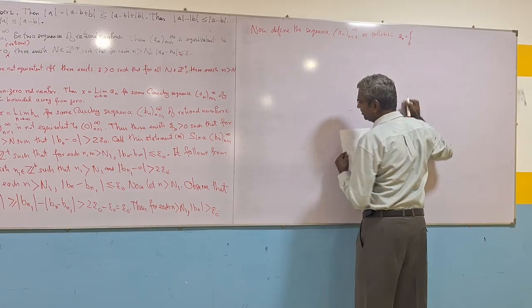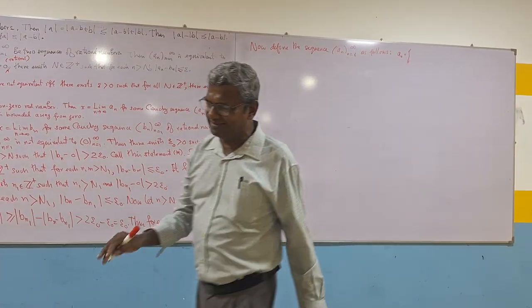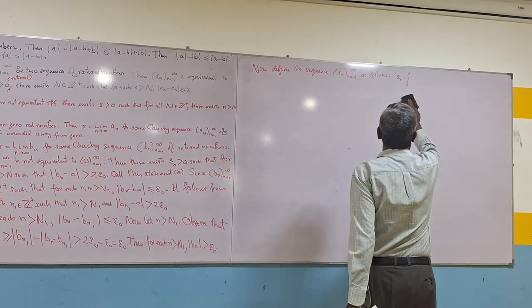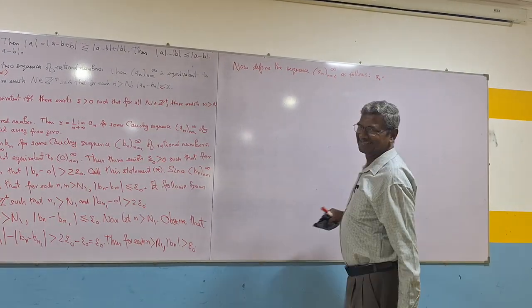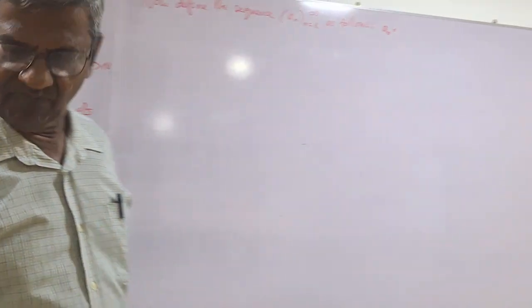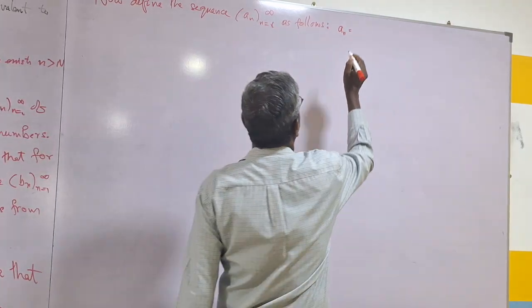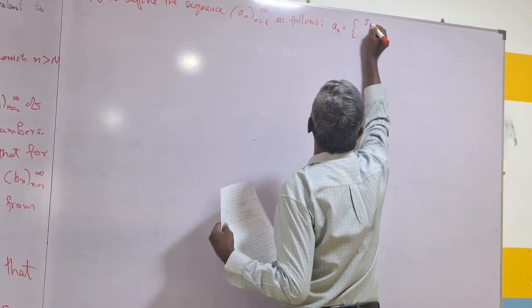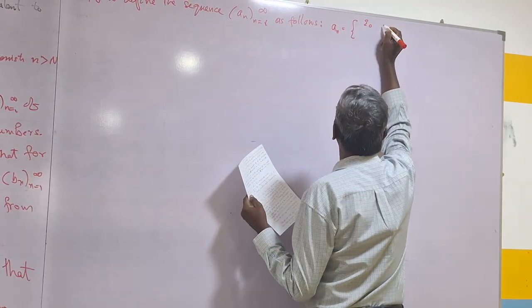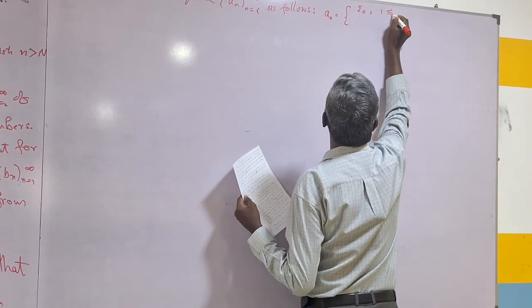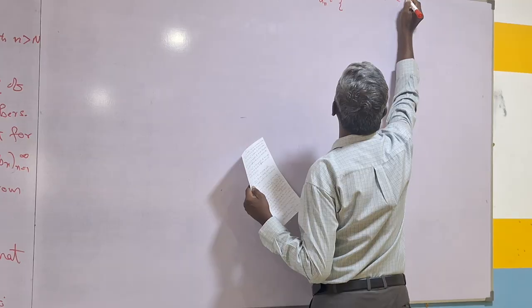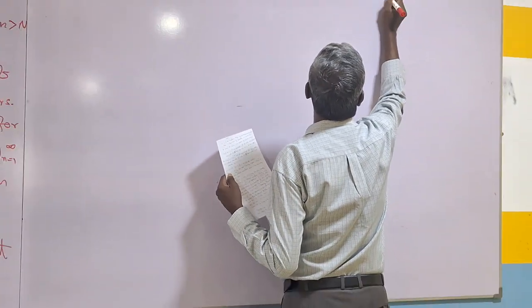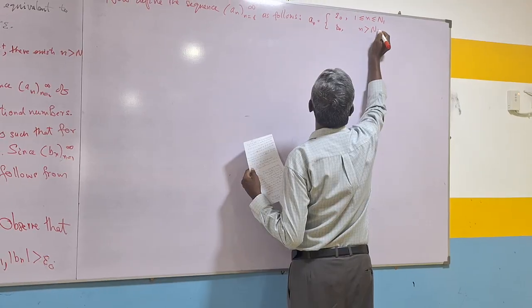these are braces, epsilon 0 for all n less than or equal to capital N1, and Bn if n greater than N1.